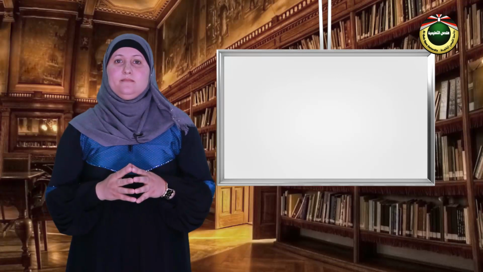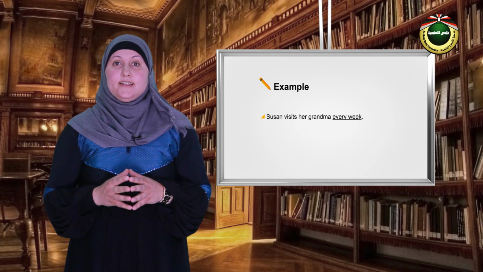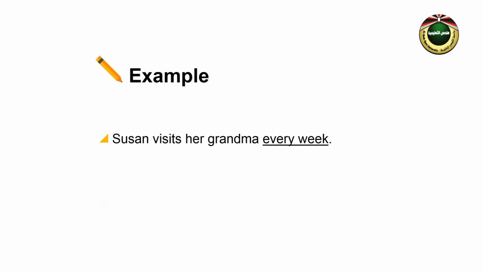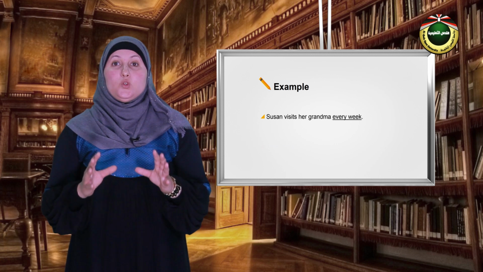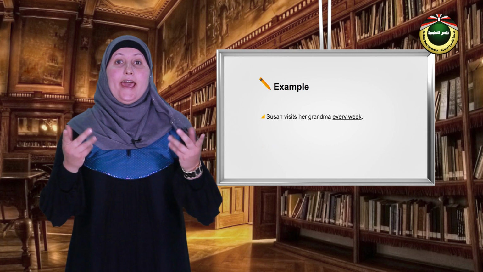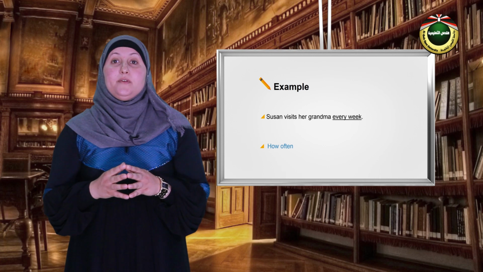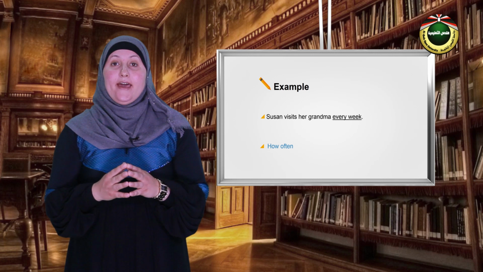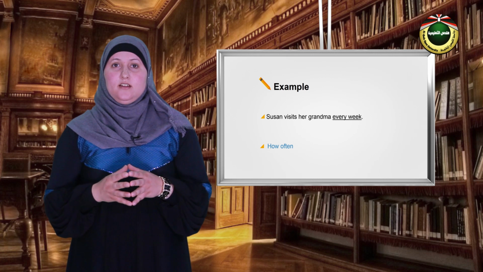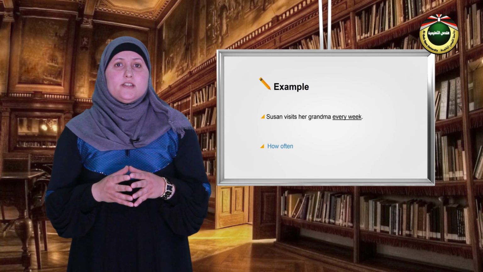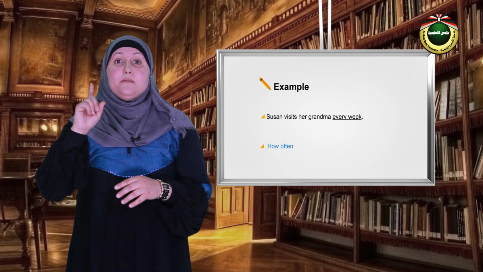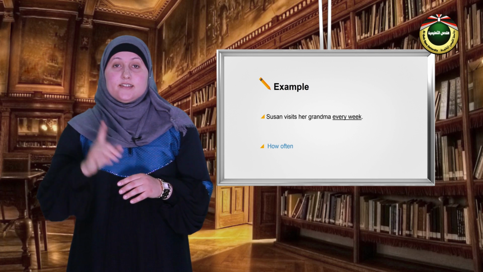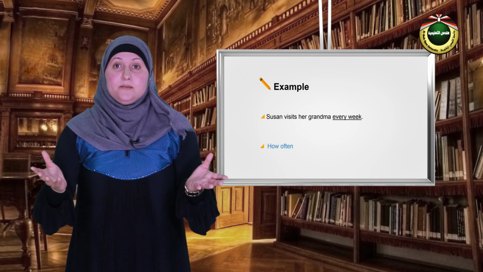Another example. Susan visits her grandma every week. The WH word that should be used here is how often, because we are asking about frequency. There is only one main verb in the sentence, which is present simple.